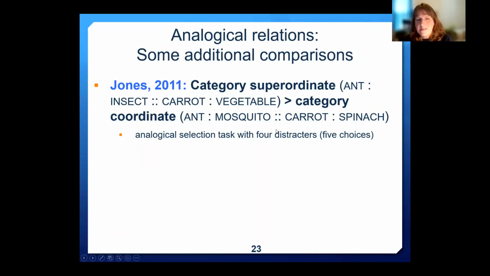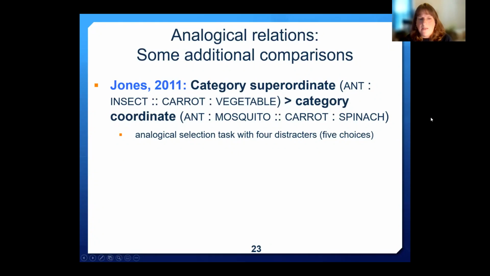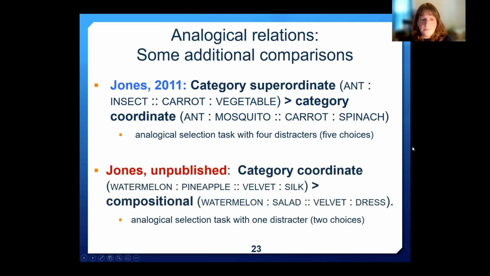And as you can see in this study, I controlled the A and the C terms such that they were the same in both types of relations. And this was an analogical selection task with 4 distractors, most of which were pretty high salient distractors. Oh, and also in all of the analogies in this study, they were semantically far. And same with this study.